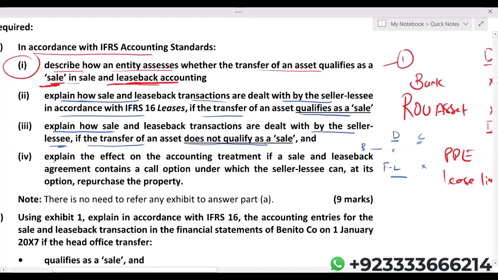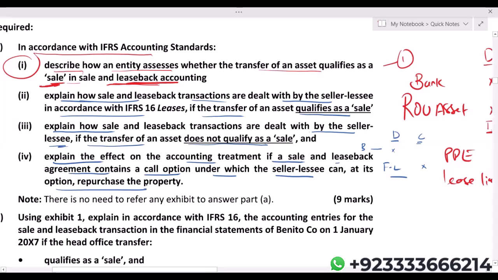Okay. Fourth, explain the effect on the accounting treatment if a sale and leaseback agreement contains a call option under which the seller lessee can, at its option, repurchase the property. Actually, we know that call option means right to buy.